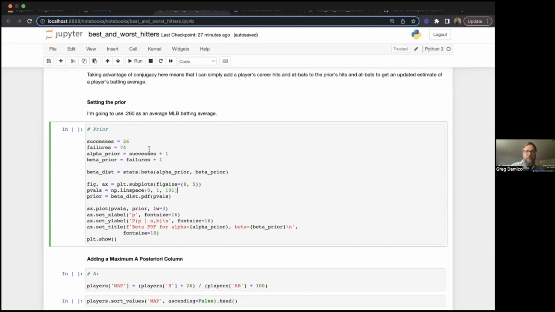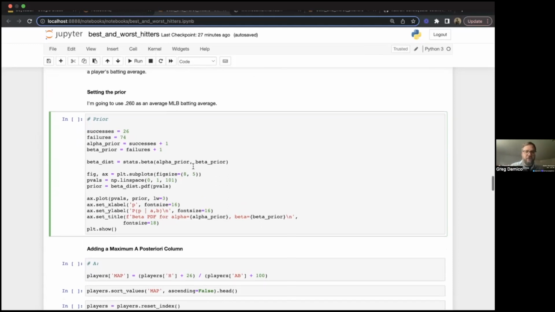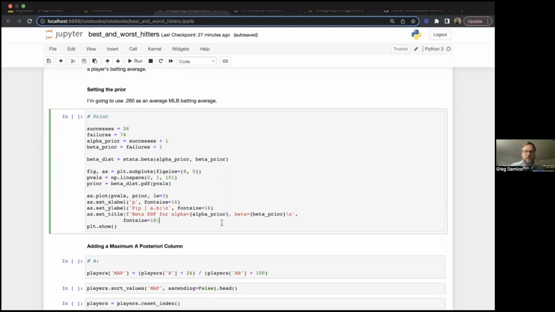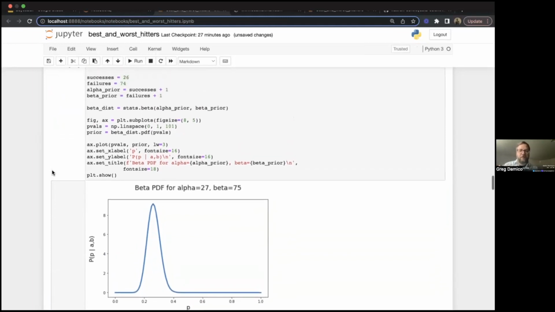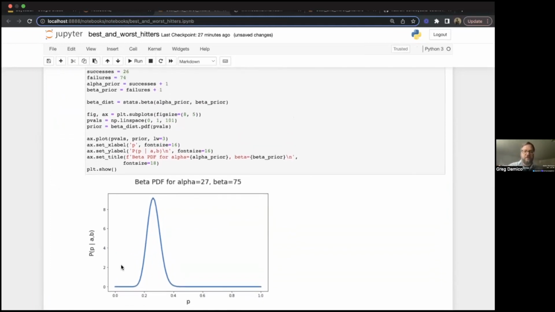So I'm going to just model this. If .260 is my starting assumption, then my probability distribution looks something like this. How would I measure the probability of a player getting a hit?